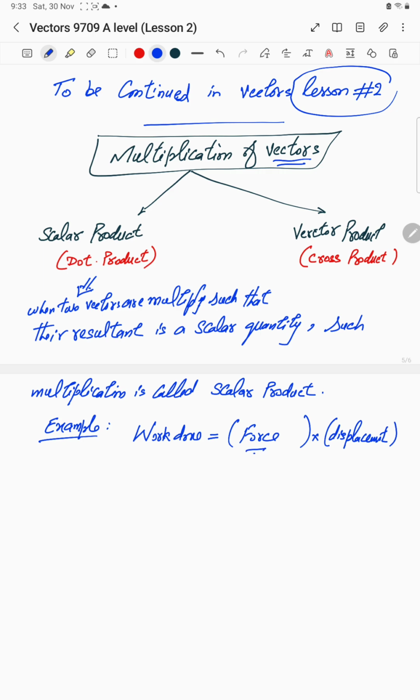Force is a vector quantity, displacement is a vector quantity. So when you multiply these two vector quantities, the result is a scalar quantity. So this is the best example for the scalar product. There are a lot of others.